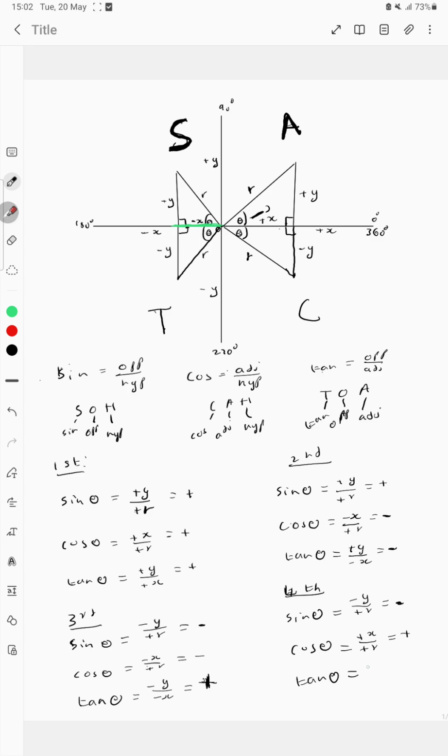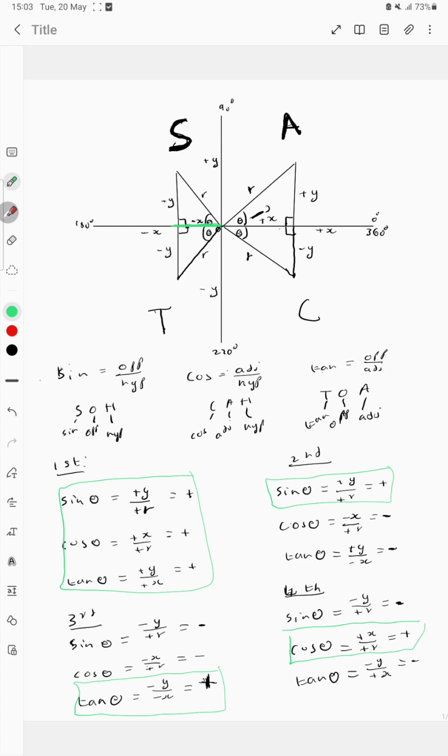Tan would be minus y over positive x, and then minus and positive gives us what? Negative. So in the fourth quadrant, only cos is positive. So this is all of them. In the second quadrant, only sine is positive. In the third quadrant, only tan is positive. And in the fourth quadrant, only cos is positive.